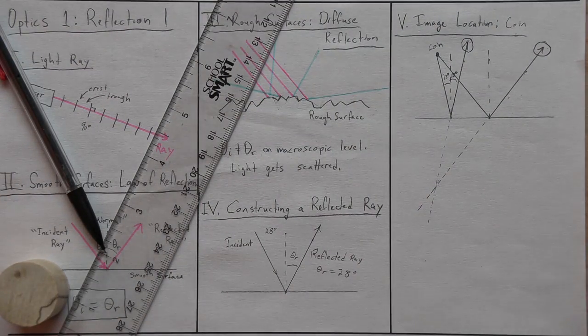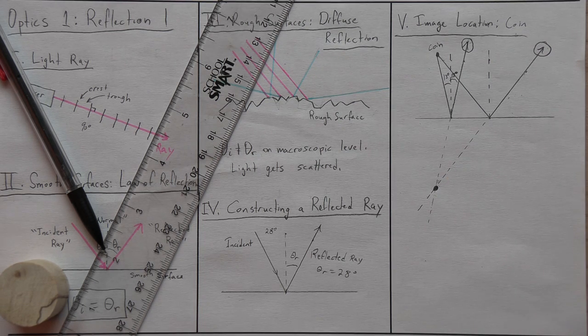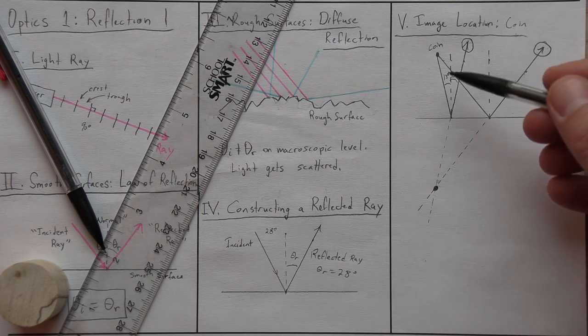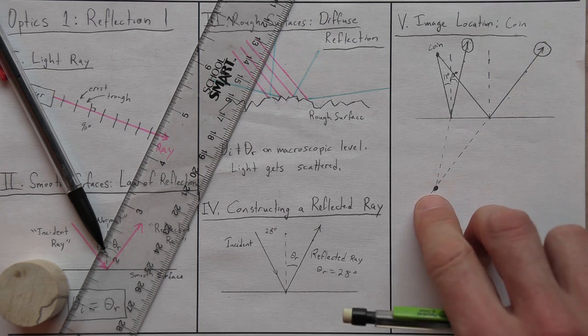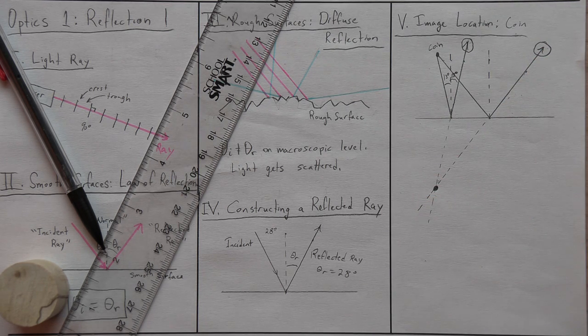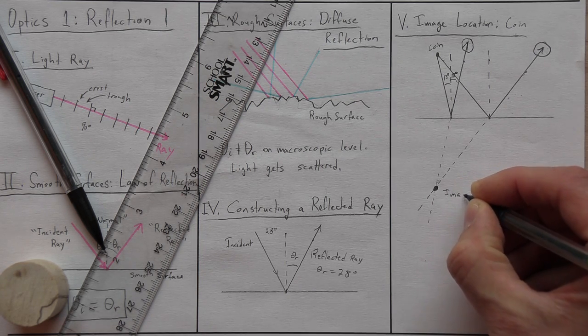You see how these lines intersect right here? Right there, your brain thinks there's another coin. Well, your conscious mind knows it's an illusion, but there's a real coin here that we could grab, and then we're looking at the mirror and there's another coin behind the mirror which is imaginary. It's created in your mind. So this is the image of the coin.